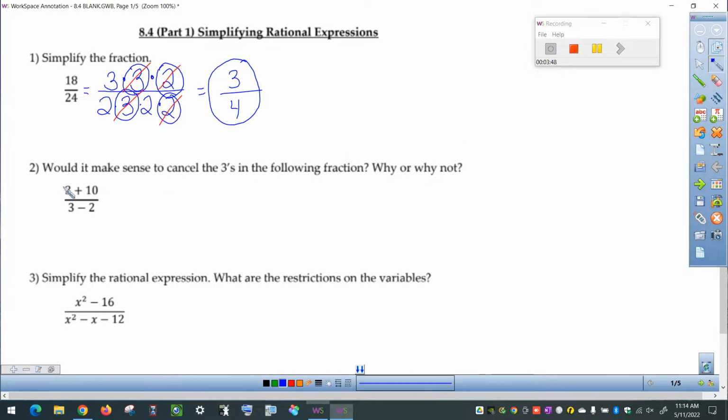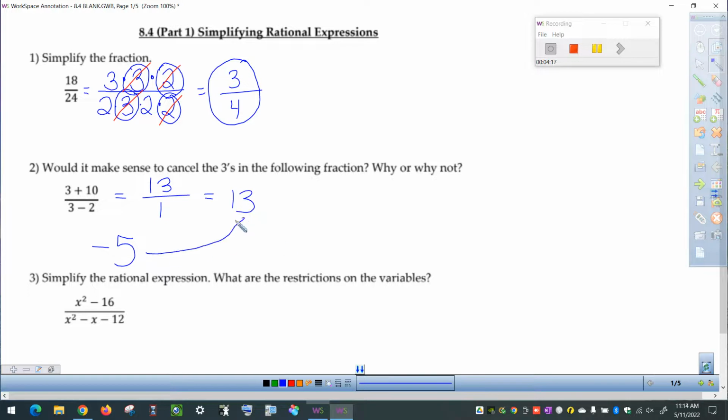If we were to cancel out the 3's, that would leave us with 10 divided by -2. That would be an answer of -5. Well, if we were to just add across the top, the 3 plus 10, that would give us 13 on the top. If we were to just do 3 minus 2 on the bottom, that's 1 on the bottom. 13 over 1 is really just equal to 13.